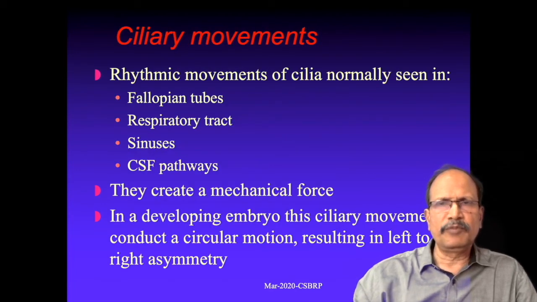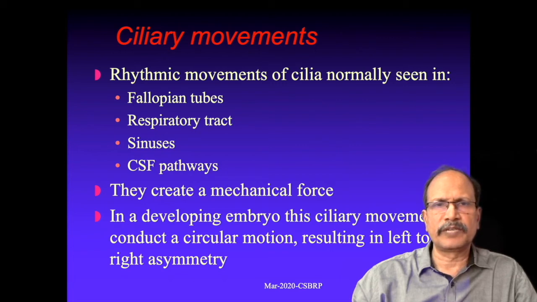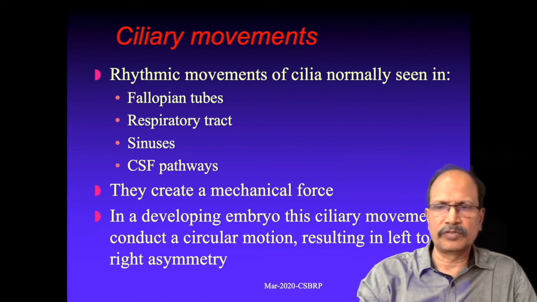Rhythmic movement of cilia is normally seen in the fallopian tube, respiratory tract, sinuses, and CSF pathways, and they create a mechanical force, and during development this mechanical force is responsible for location of the organs in normal places. So when the cilia fail to move, this mechanical force is absent, and the organs are placed in abnormal locations.